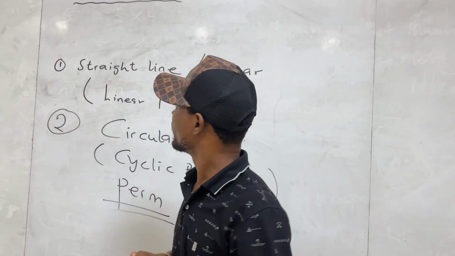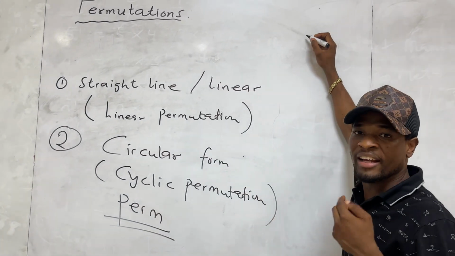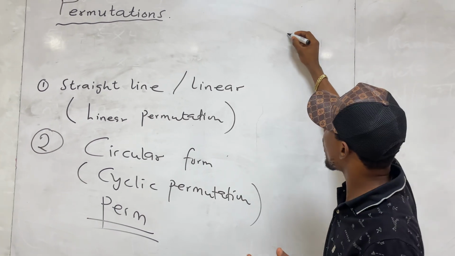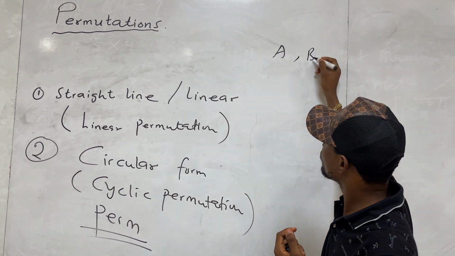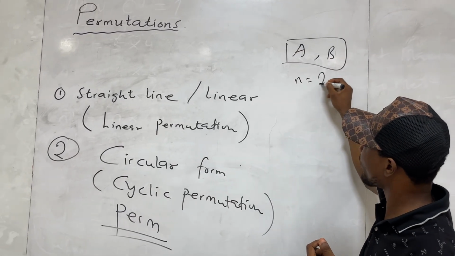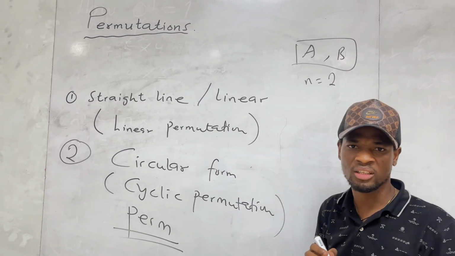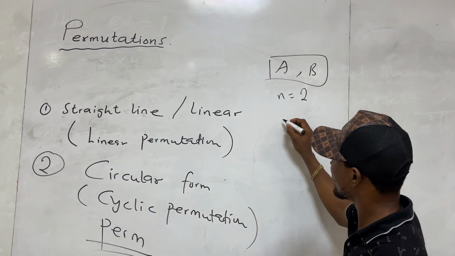So viewers, let's say I have an item called A and another item called B, so I have two different items or objects over here. How do I arrange these?